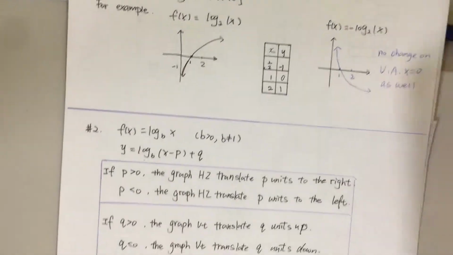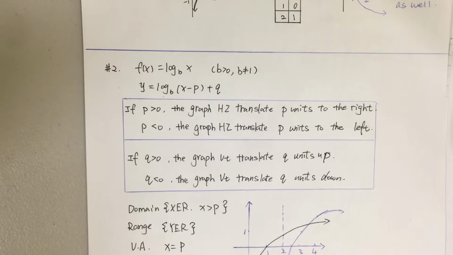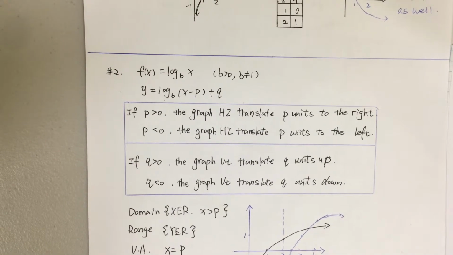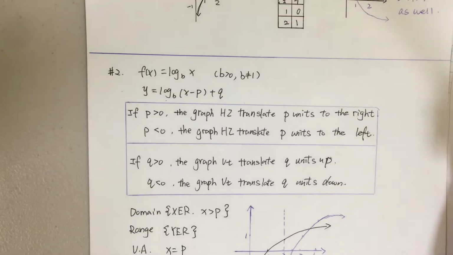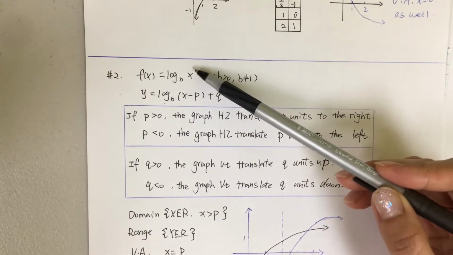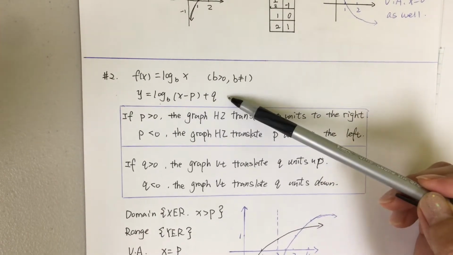For question 2, the question asks, if there's a horizontal translation and a vertical translation, how they are going to change, or whether they will change the domain and range. By the generalized transformation form, we consider A is still 1, K is still 1, but there are horizontal and vertical translations.